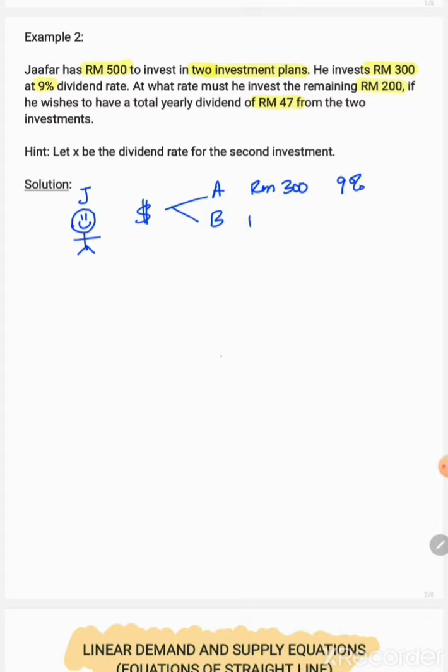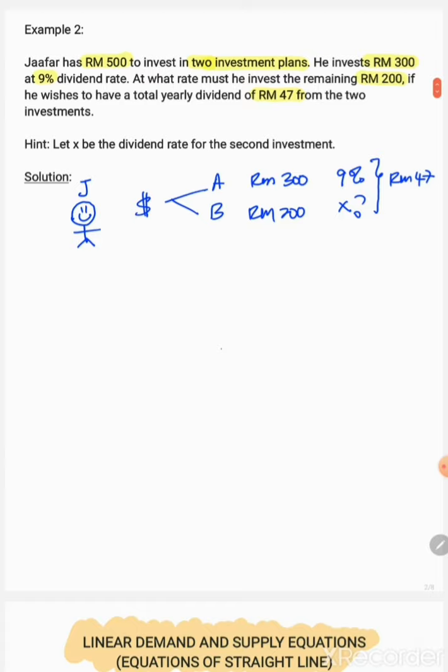For the remaining RM 200, he invests now at the x rate. Next, from these 2 investments, he wishes to get RM 47 at the end of the year. So now you have to find what is the value of x.